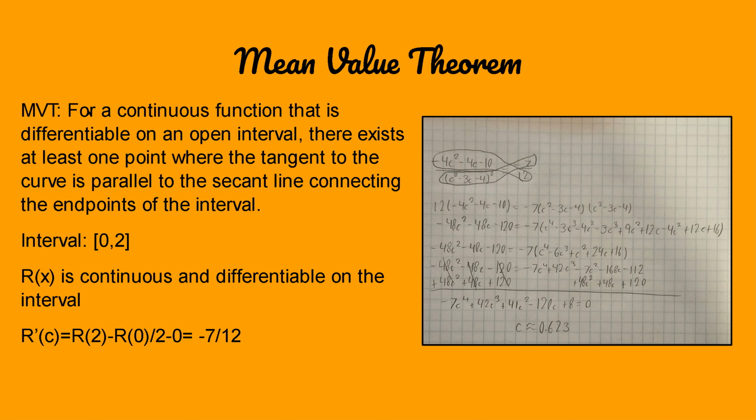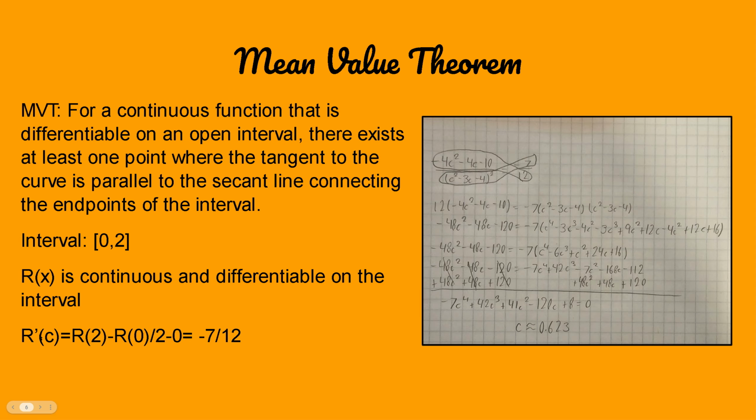The mean value theorem states that for a continuous function that is differentiable on an open interval, there exists at least one point where the tangent to the curve is parallel to the secant line connecting the endpoints of the interval. So I chose the interval from 0 to 2, and we can conclude that r of x is continuous and differentiable on the interval.